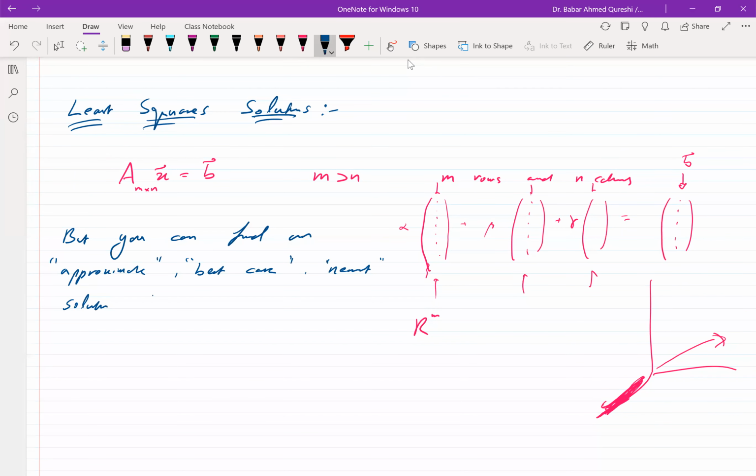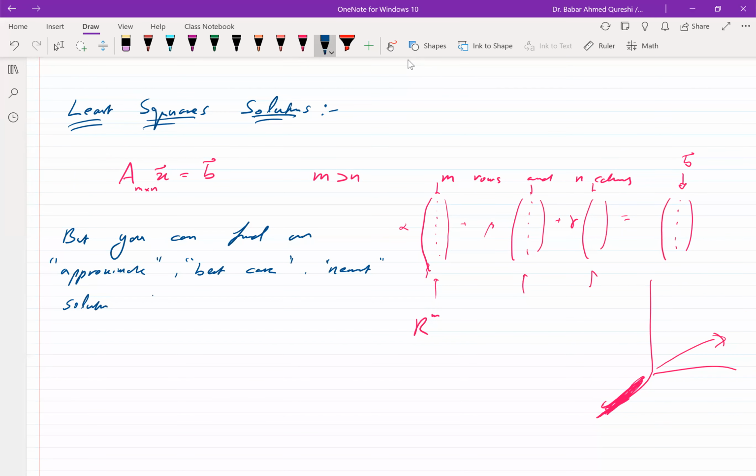And why would we need it? If it doesn't solve it, why do we even care to get an approximate solution? Well, you may need this kind of approximate solution for many applications.